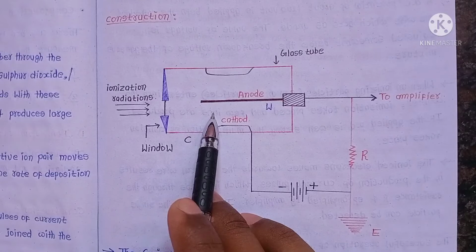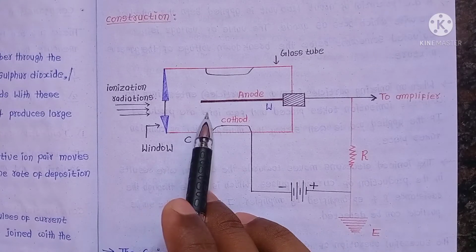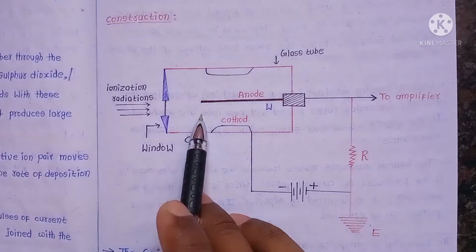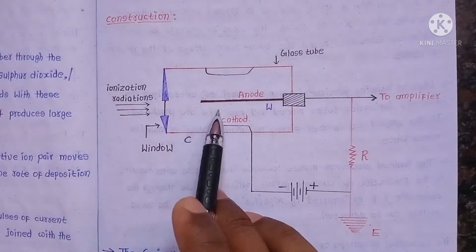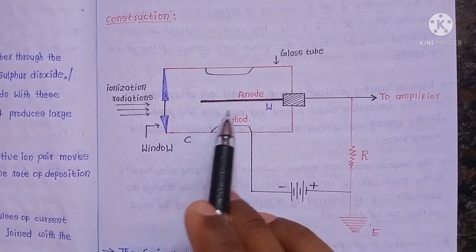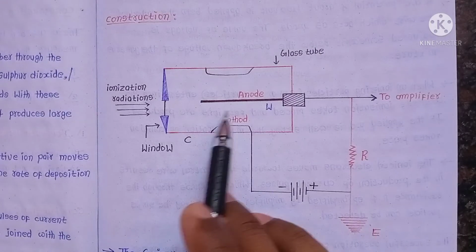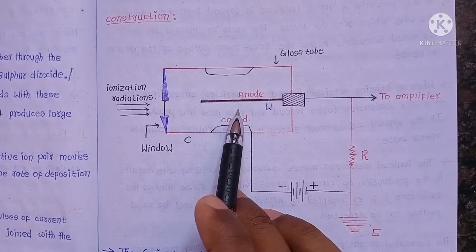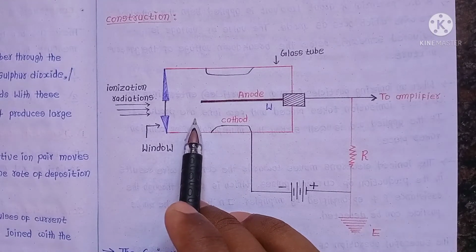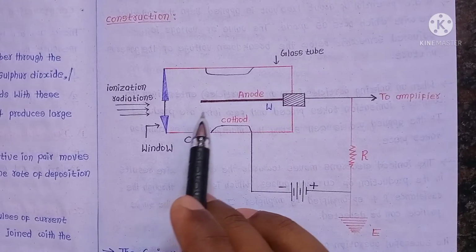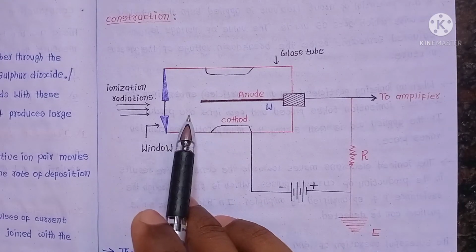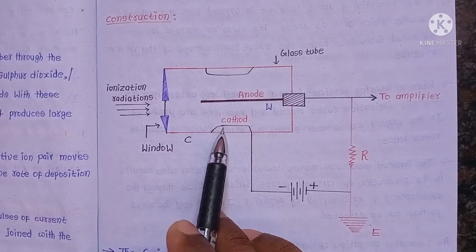When this radiation collides with the gas, ionization of the gas takes place, and then the alpha or beta particles, that is the respective particles, are emitted from the gas. Then the electron or beta particle moves towards the anode, and the alpha particle moves towards the cathode.